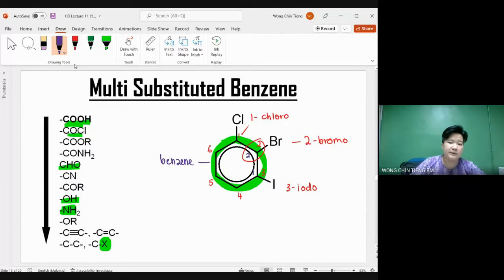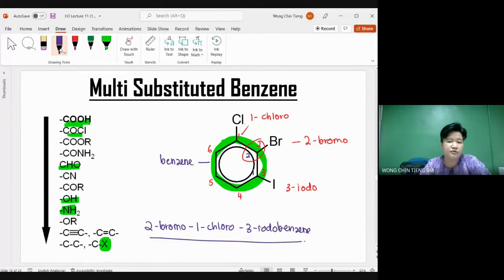Barulah 1 tu kita bagi kat kloro. So nama dia akan jadi 1-kloro pula. Bromo dulu. B dah. 2-bromo, 1-kloro, 3-iodobenzene. So bila tak ada substituent, nombor masih adalah ikut rules yang kita belajar sebelum ni. Kalau tak ada substituent, rules nombor masih adalah rules yang sama seperti kita belajar sebelum ni. Okay, ingat yang tu.